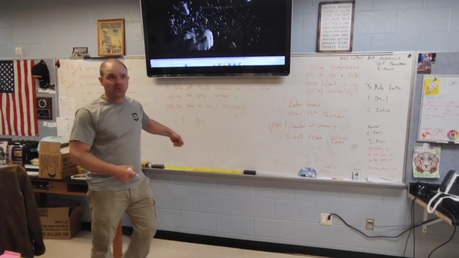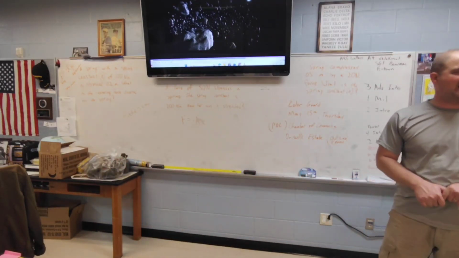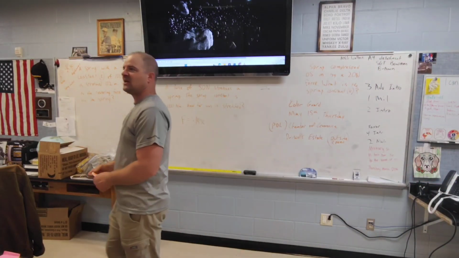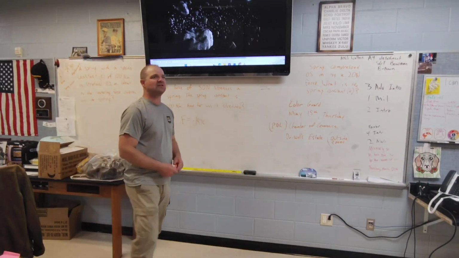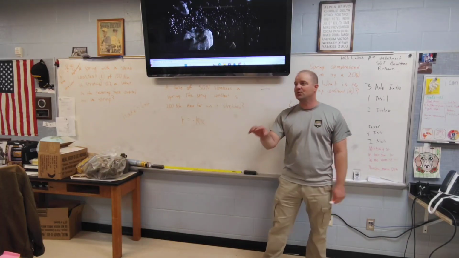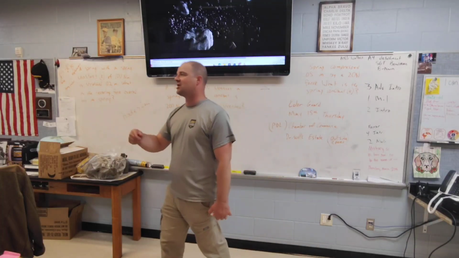F, force in newtons. The k is the spring constant of whatever spring you're dealing with. And the reason it's negative is because it's always going to be acting in the opposite direction of an applied force. Remember Newton's third law, for every action force there's an equal opposite reaction force.